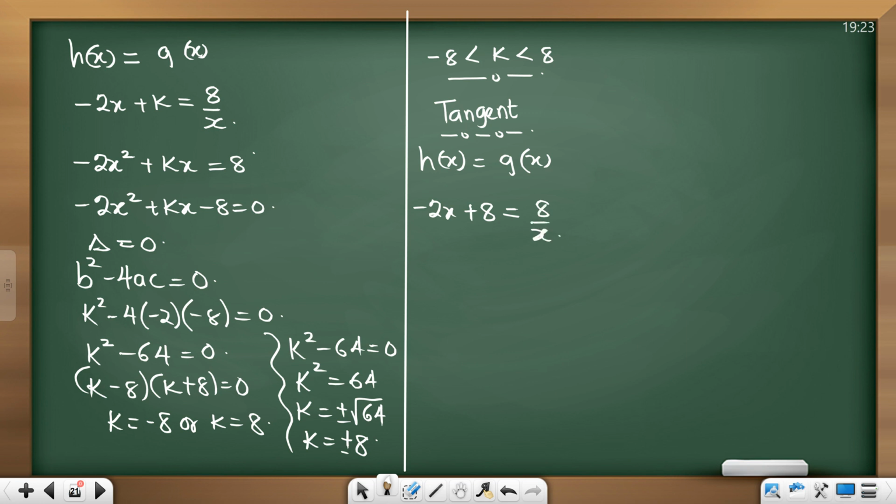8 over x. Let's solve. Negative 2x squared plus 8x minus 8 equals to what? 0. Divide everything by 2: x squared minus 4x plus 4.